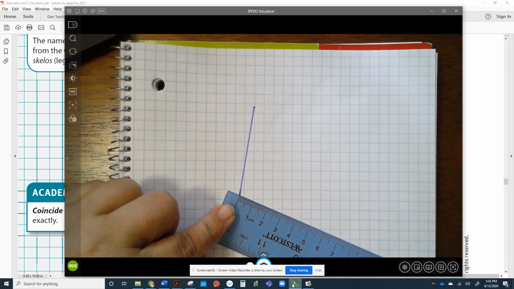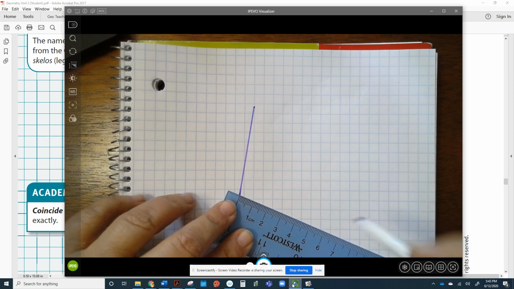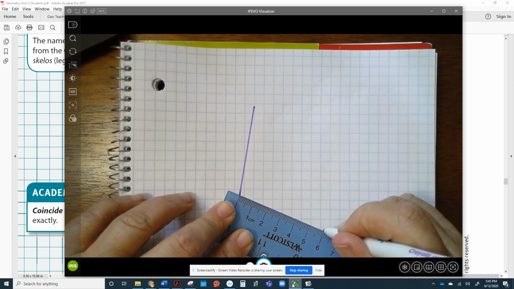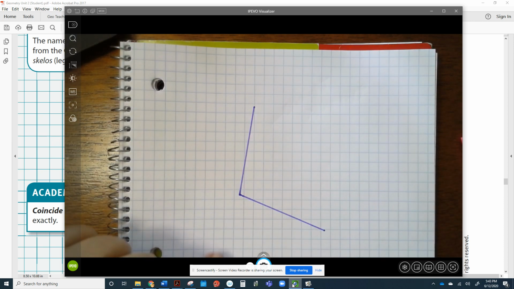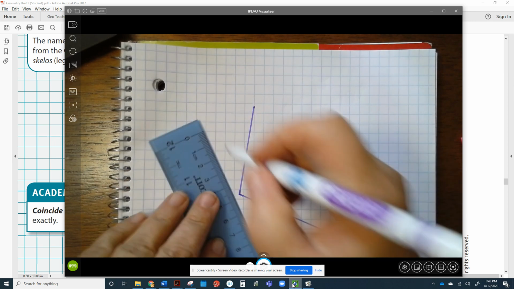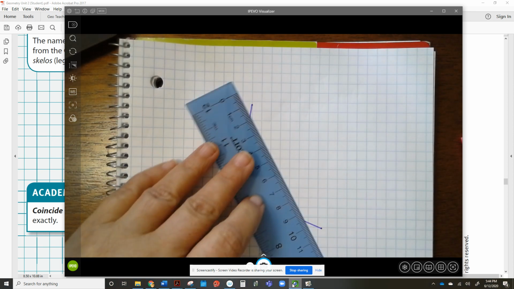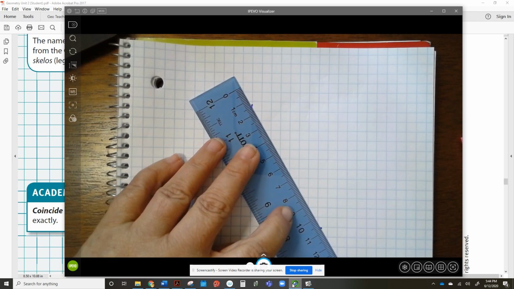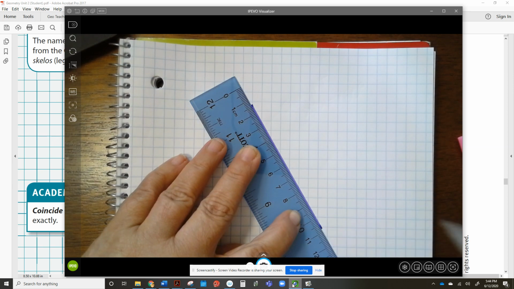Just be sure that the second leg that you draw is also 6 centimeters long. Which end you attach it to or how big the angle is absolutely does not matter. But this one and this one are the two legs. And then to create the base, all you have to do is connect the two endpoints of the legs.